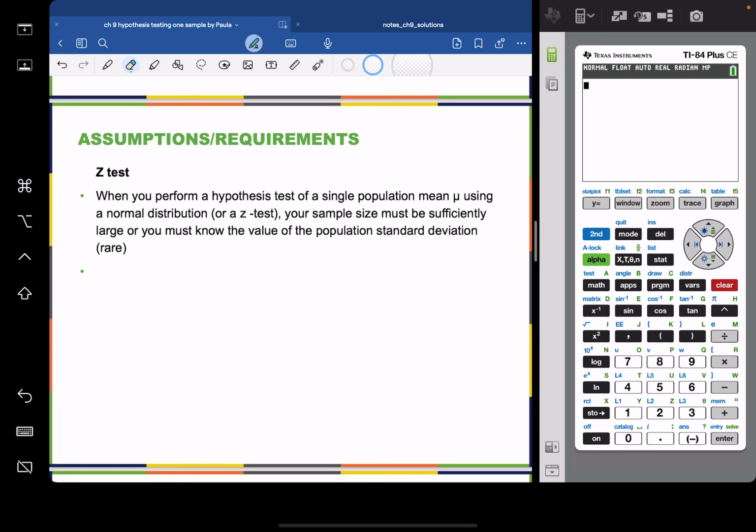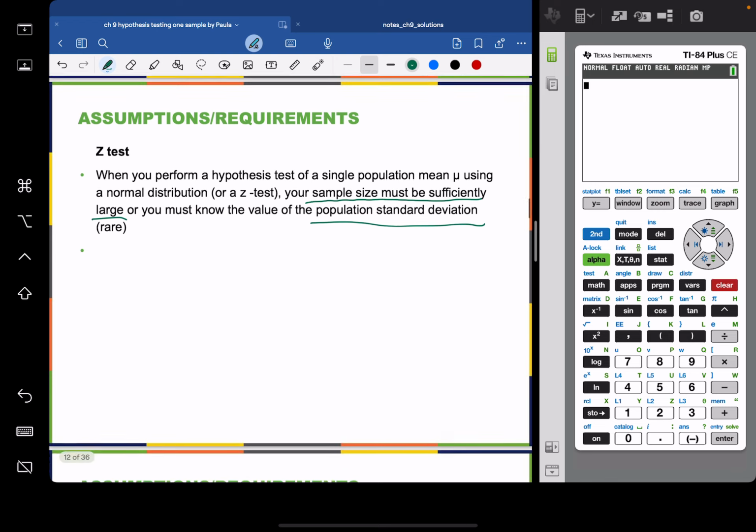So this is unlikely. So the alternate is to have a sufficiently large sample size, and generally n equals 30 is our rule of thumb. Although I've heard real people say that might not be true in different applications, but for this textbook, we'll just stick with the rule of thumb that n has to be bigger than 30.